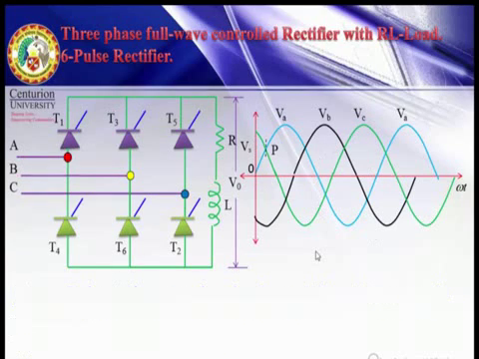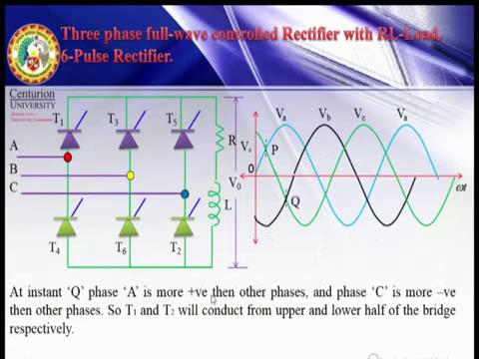Next, at point Q, phase A is more positive than other phases and C is more negative than other phases.